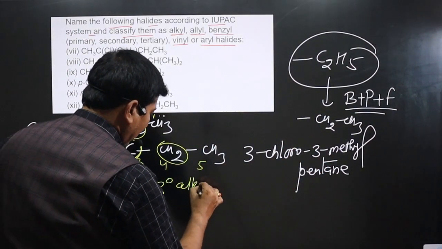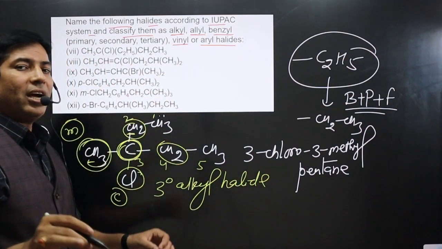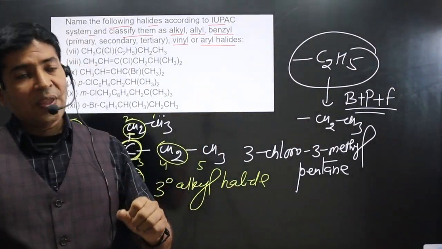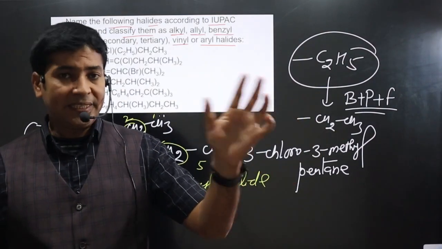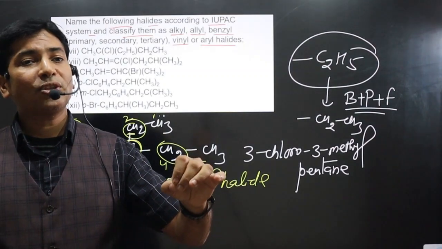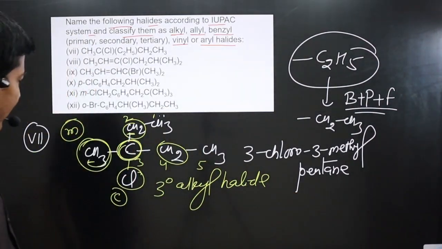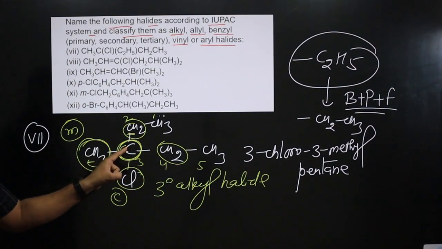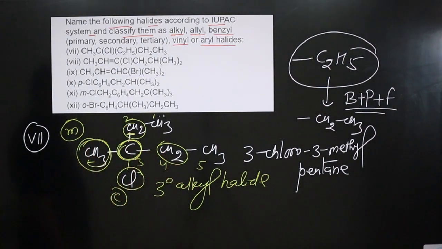Always keep in mind: halogen attached to a carbon which is connected to only 1 carbon is a primary alkyl halide. Halogen attached to a carbon which is connected to 2 other carbons is a secondary alkyl halide. And halogen attached to a carbon which is connected to 3 other carbons is a tertiary alkyl halide. So you can see halogen is attached to this carbon, but this carbon is connected to 3 other carbons, 1, 2, 3. Hence it is a tertiary alkyl halide.